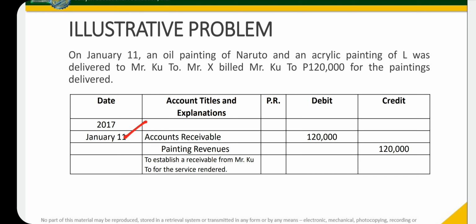We have already recorded our income in that transaction. So, what we are going to collect in the future will be a reduction in our receivable account. If Mr. Kuto made cash payments, it means that we're going to reduce the amount of the receivables that we recorded on January 11.